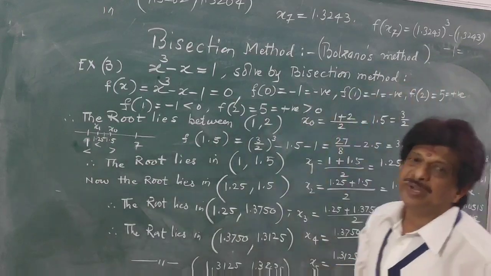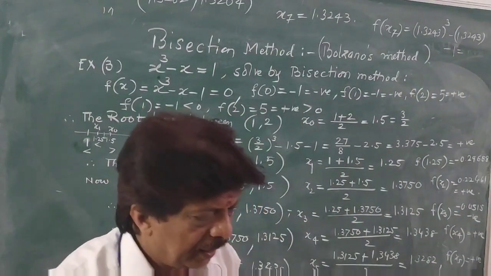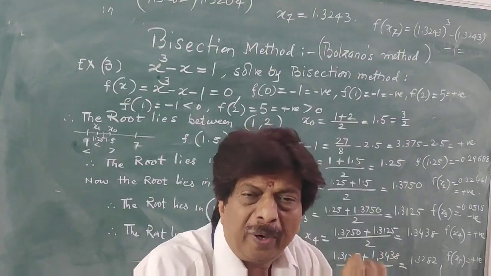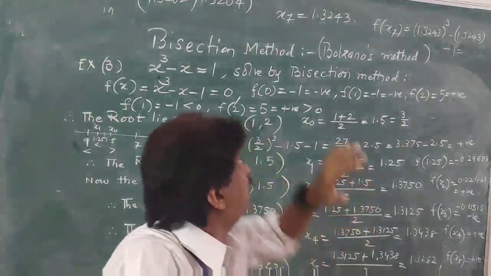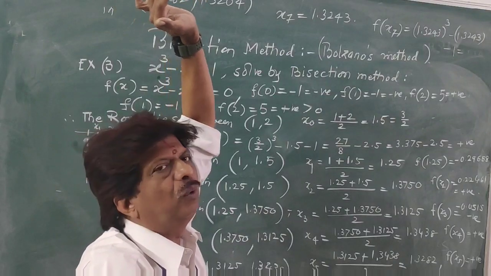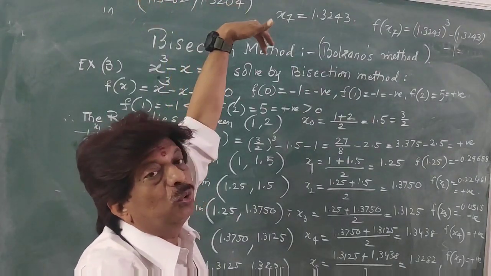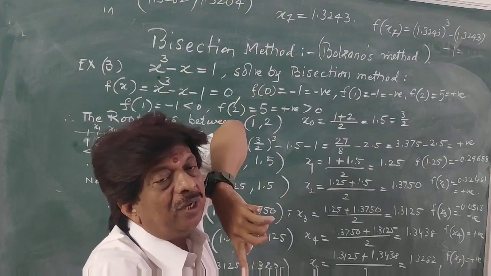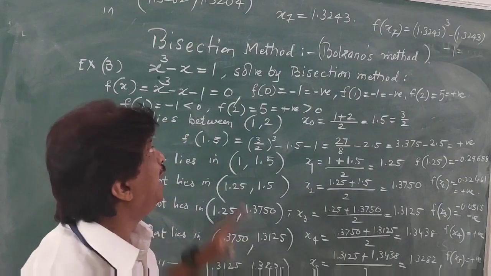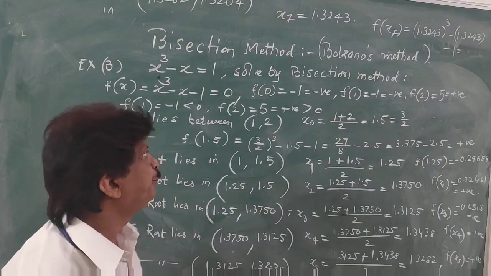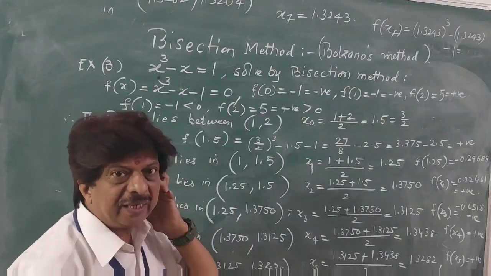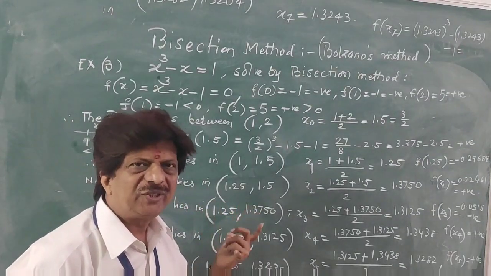It will be nearly 0 or nearest to 0, and that is the required numerical or approximate solution of the given algebraic equation x cube minus x minus 1 equal to 0, making use of the bisection method. So that is how we employ this method. Hope you will understand this after viewing this video seriously. Thank you very much.